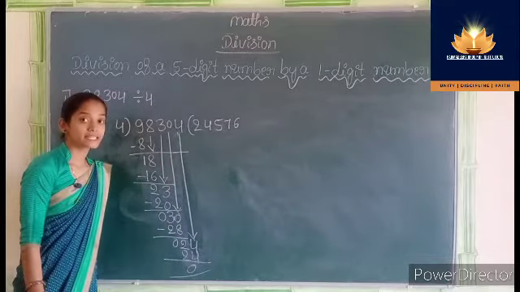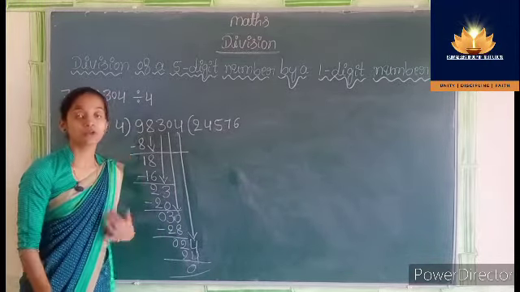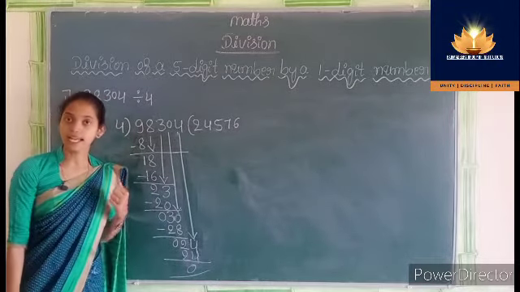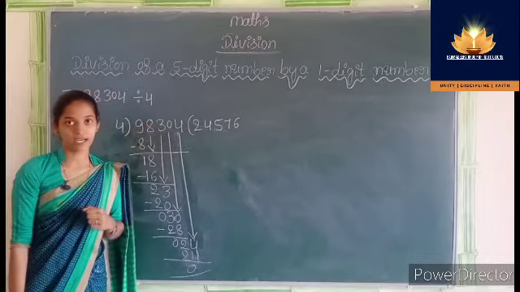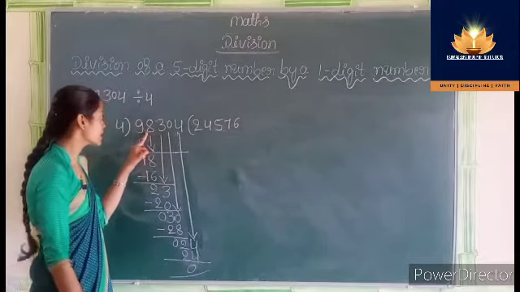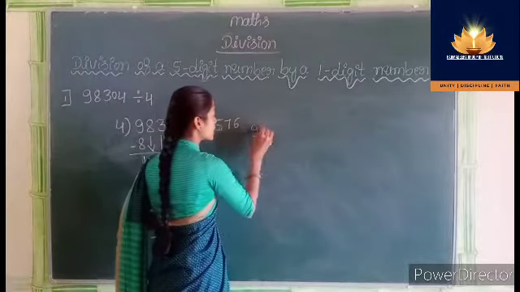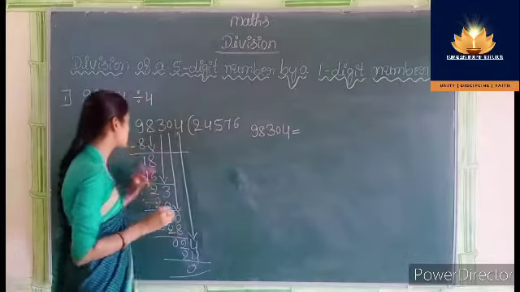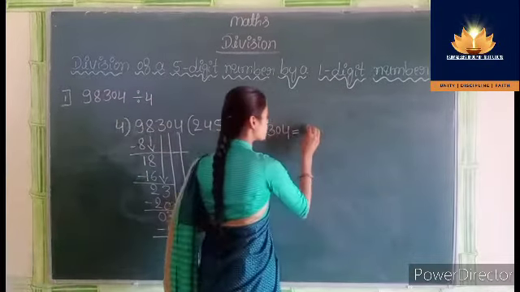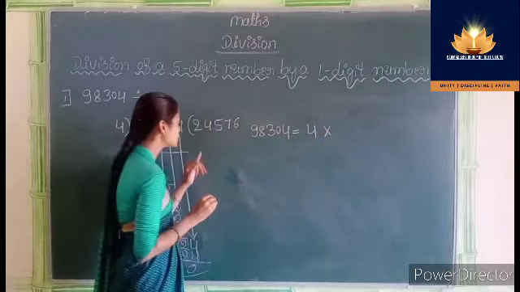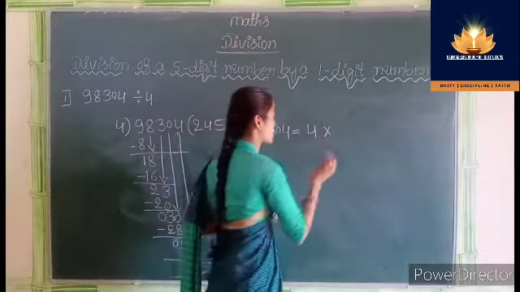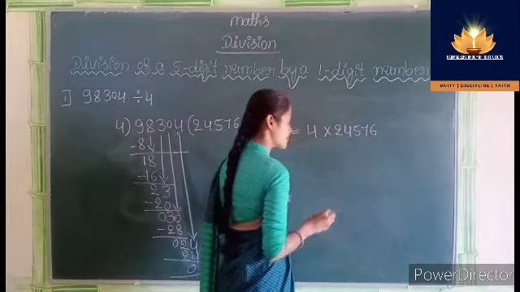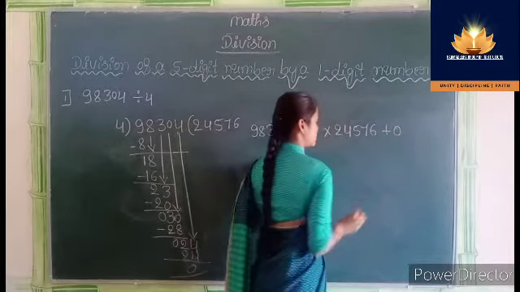Okay, now let us verify the division using the relation, that is dividend is equal to divisor into quotient plus remainder. Here the dividend is 98,304 is equal to divisor, that is 4, into quotient 24,576, plus remainder, that is 0.